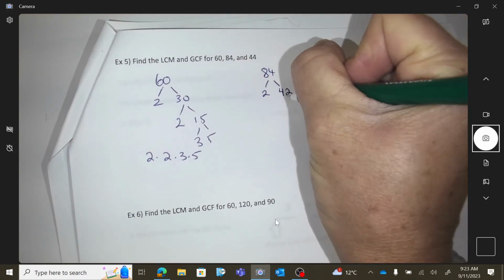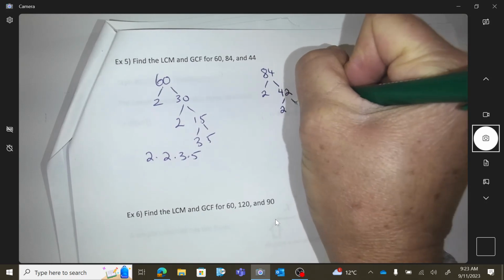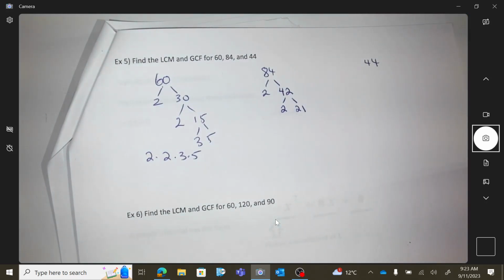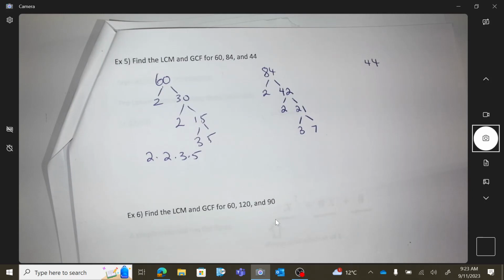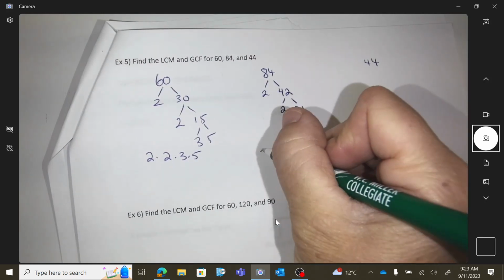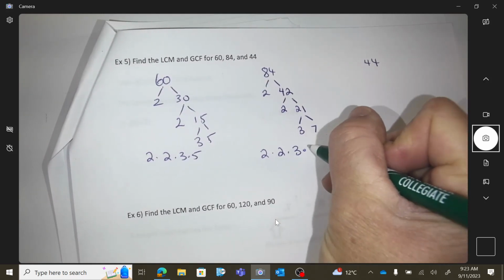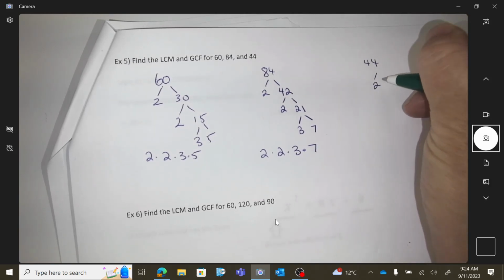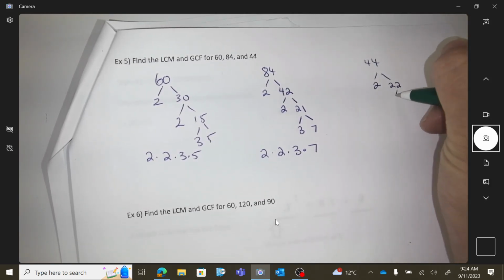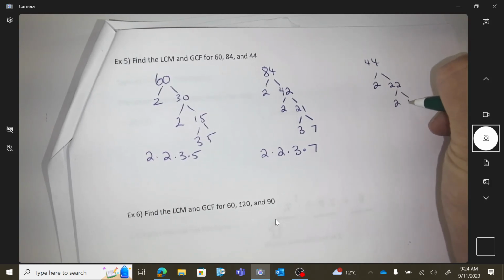So 42, even. 21. 44 is divisible by 2. 22 is divisible by 2.